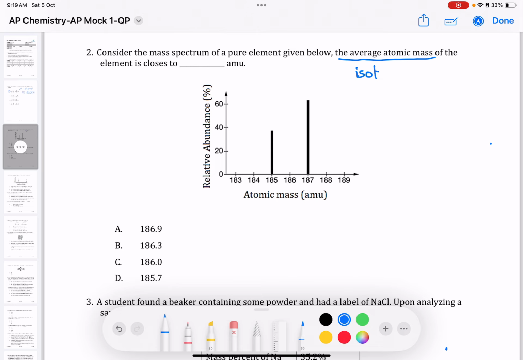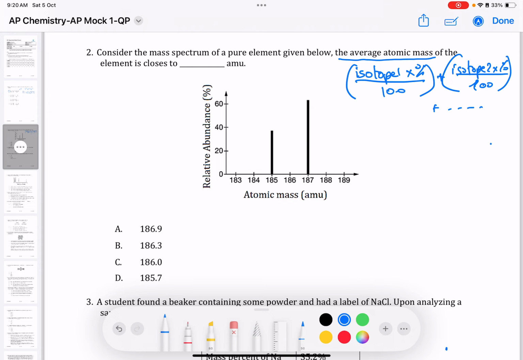So if we have isotope 1, we multiply it by its own percentage over 100, and then we keep on adding isotope 2 by its own percentage over 100, etc. until we calculate all the isotopes. This will give us the average atomic mass of the element represented in the periodic table.